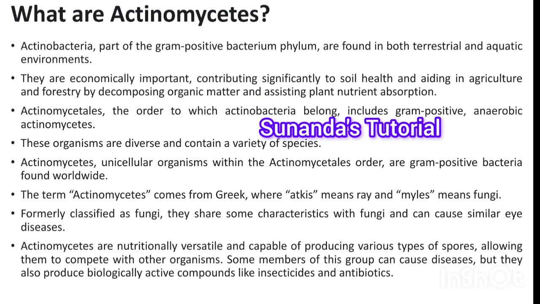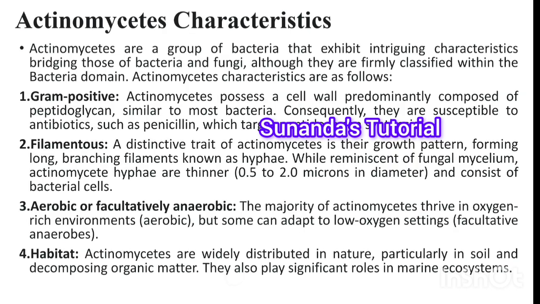Some members of this group can cause diseases, but they also produce biologically active compounds like insecticides and antibiotics. So they cause harm, but at the same time they are very beneficial for our environment and for ourselves, because they can produce antibiotics and very useful organic compounds.